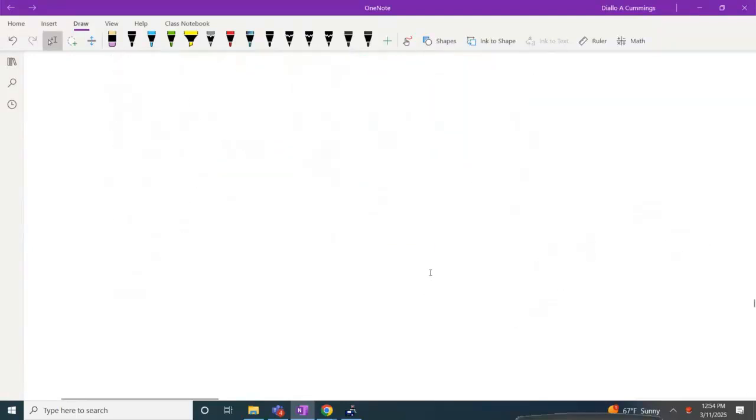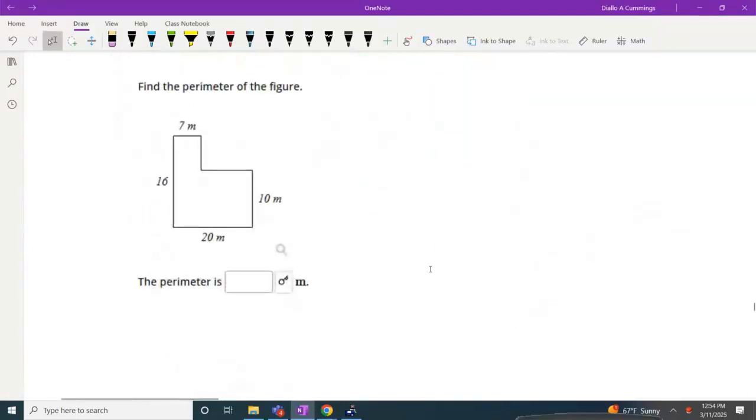All right, so let's take a look at some problems that are dealing with perimeter. In these particular problems, we're not looking at basic shapes. Here we're looking at this not so basic shape, and we're asked to find the perimeter, the distance around this figure. I'm going to look at this far side first.